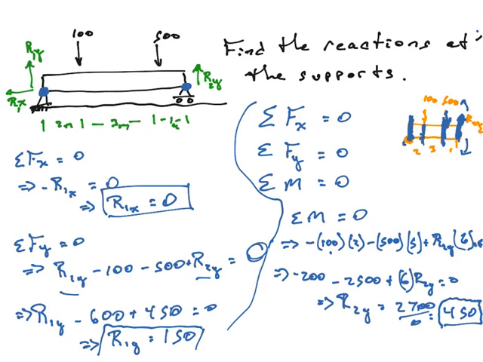So let's look at one more example before we're done for the day. Let's say we have, let's do this, a square plate, and we'll have a pin over here, and we'll have a roller over here.